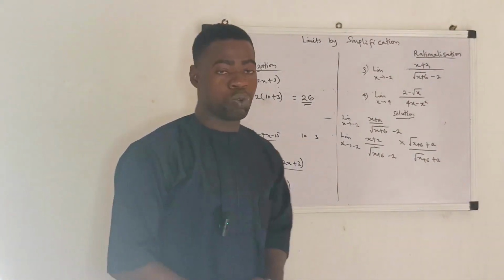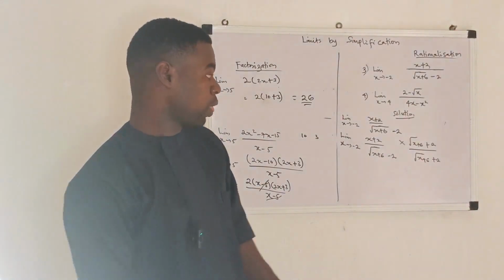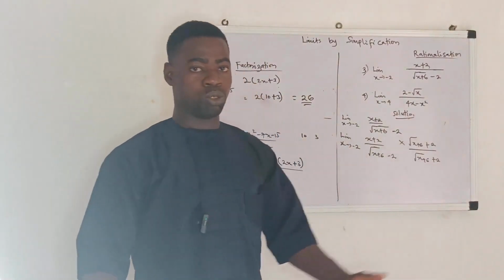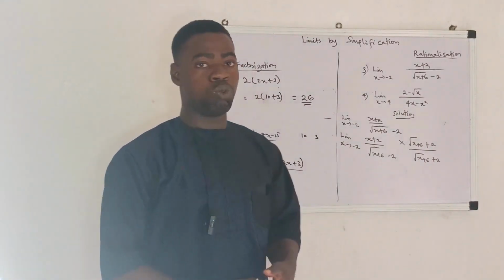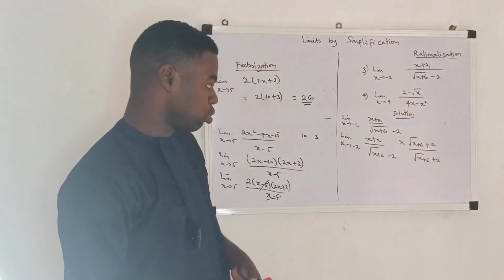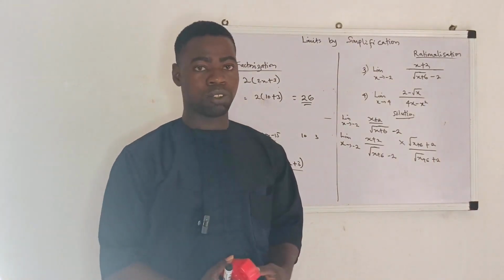Of course, it's as though we never did anything to the expression, because this divided by this is 1, so multiplying anything by 1 remains itself, but then it can go a long way to help us do what we want to do.